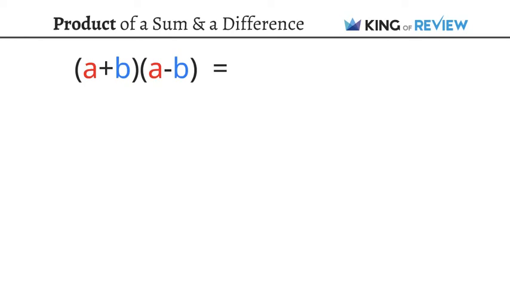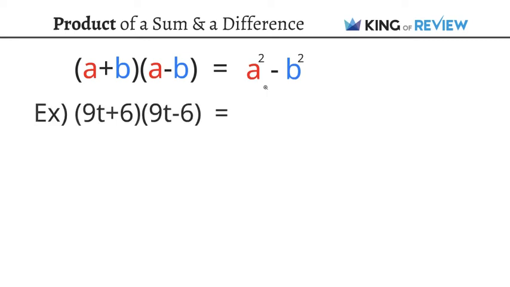As you can see here, the first one plus the last one times the first one minus the last one is the first one squared minus the last one squared. Everybody got it? It's easy, right? I'm really sorry, I don't have any song for this yet. Sorry, yeah. Okay, let me have an example here.